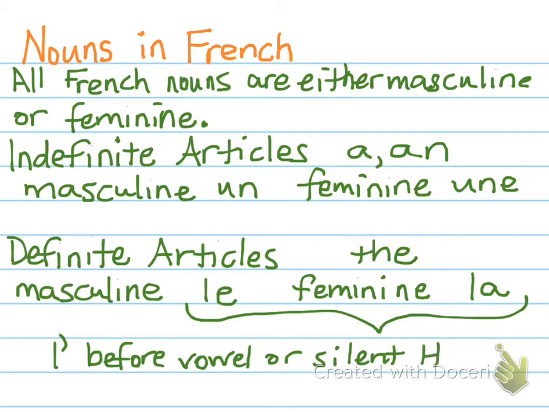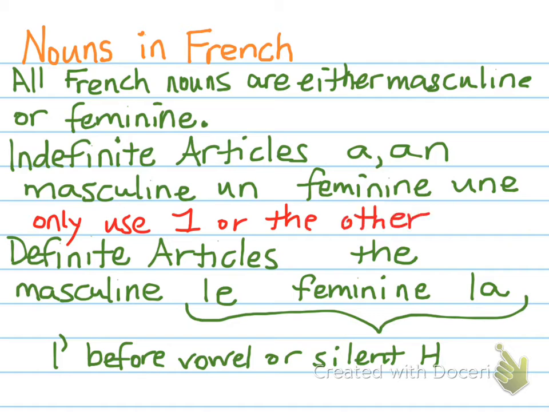So, just like in English, we don't ever say, give me the a paper. We don't do that in French either. In French, you only use one or the other. So by that I mean, if I want to say a boy, I'm going to say un garçon.